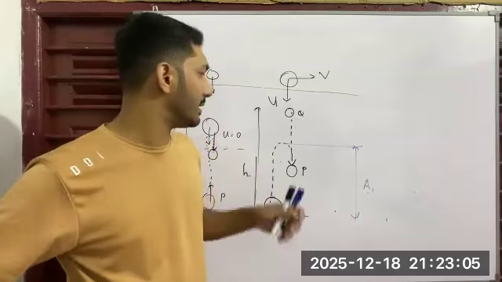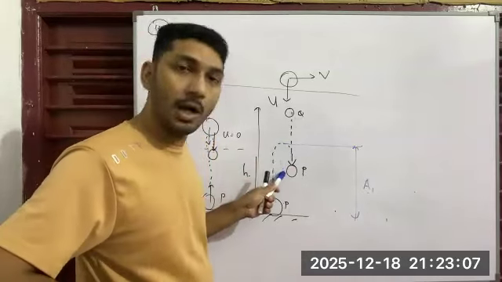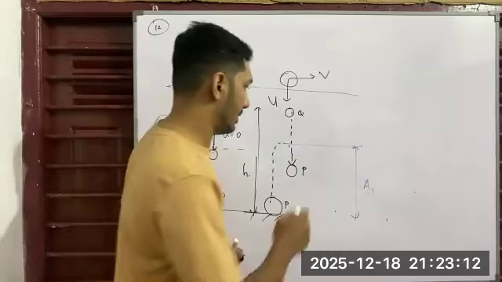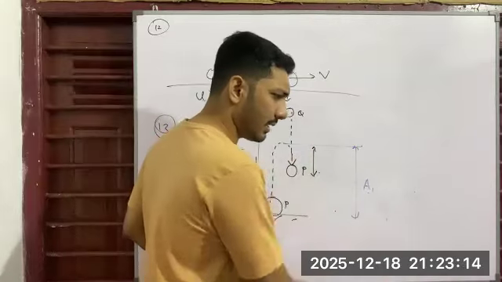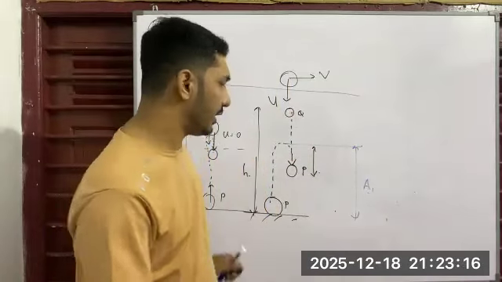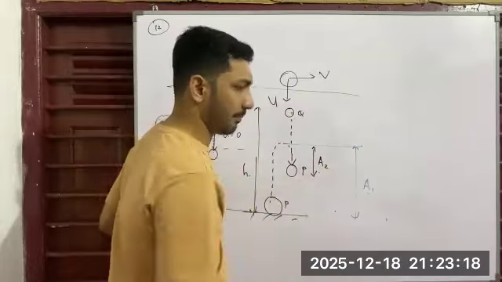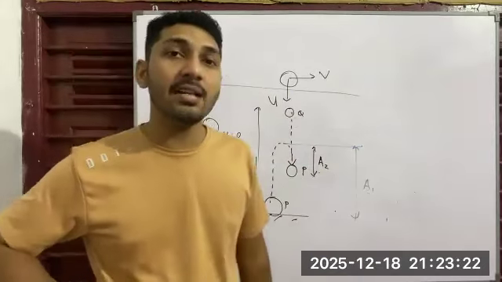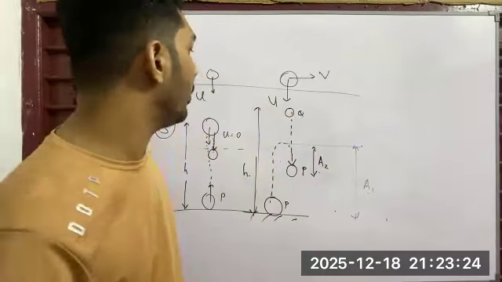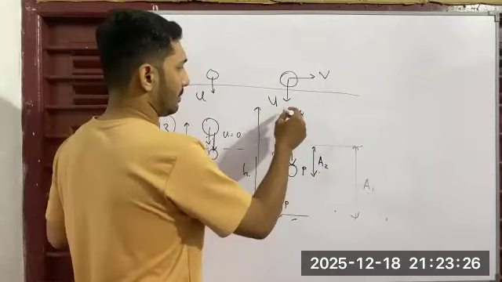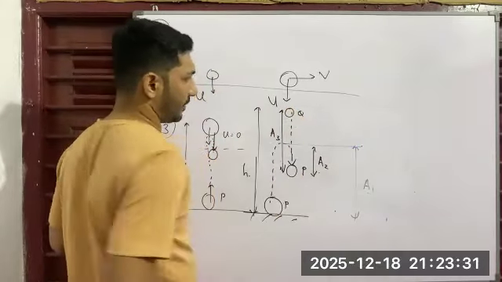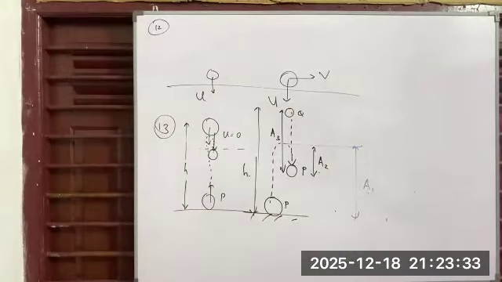Means after reaching rest, it comes down a bit. So that distance is CDE. CD is given by the letter A2. What is ADF? The distance traveled by Q, so this is A3. Okay, do you understand?